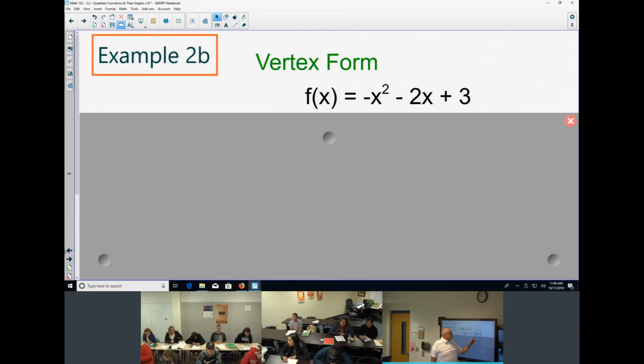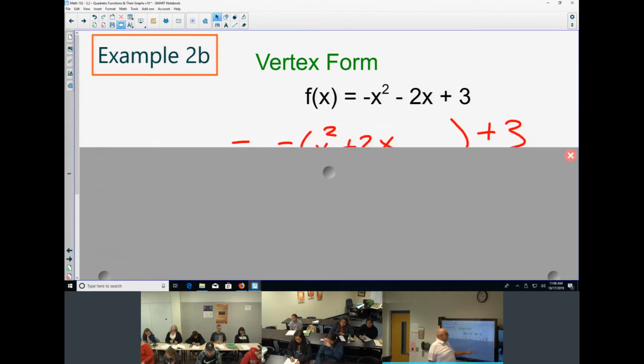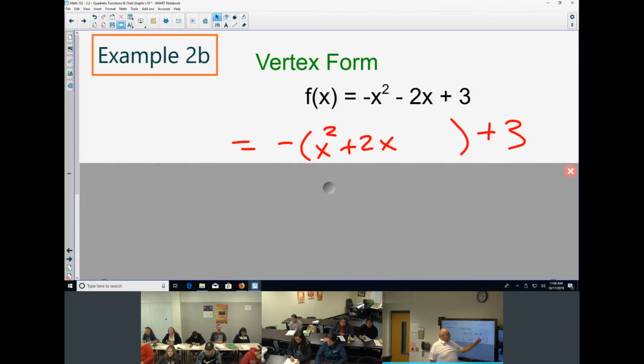If you have a constant, you move that out of the way. Then the rest goes in parentheses, and if you have a number in front of the x squared, whether it's a negative or another number, you factor it out of the first 2 terms. Here I'm factoring out the negative, and then I move the 3 out of the way.